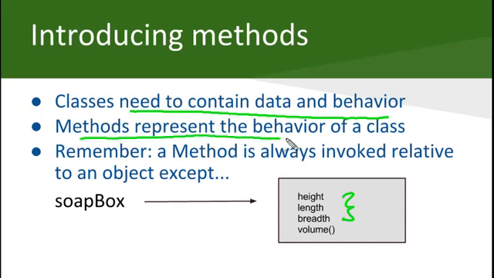For that we have methods, and methods represent the behavior of a class. But also remember that a method is always invoked relative to an object, except when it is defined as static, which we'll see later.